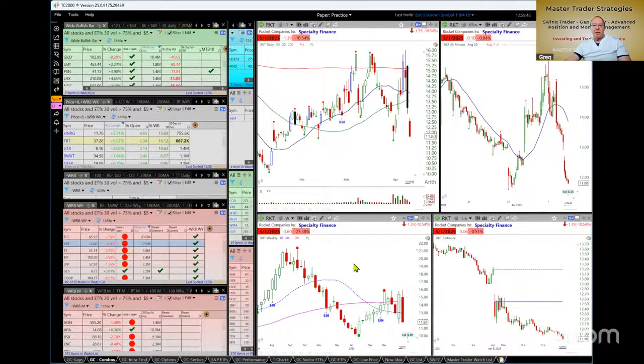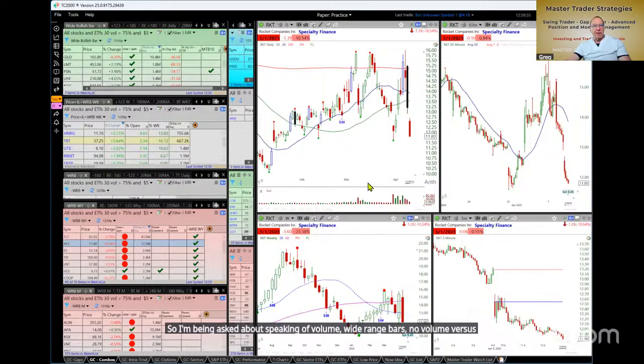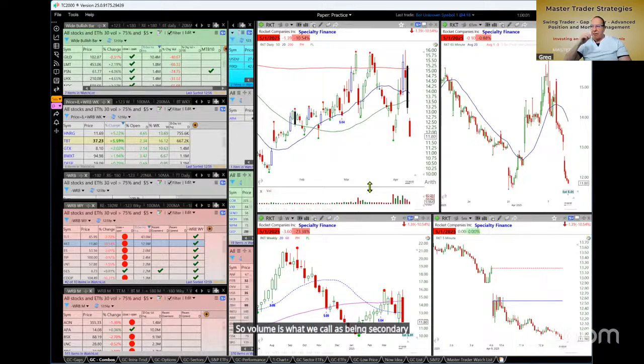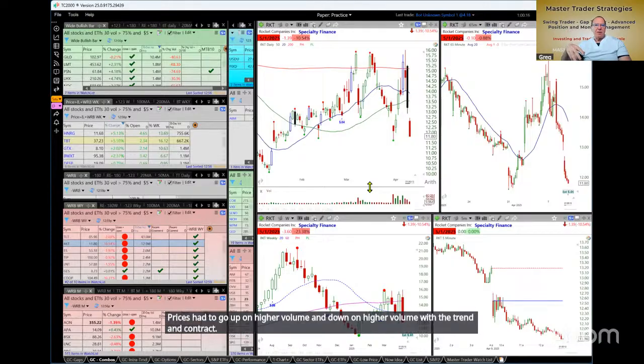So I'm being asked about, speaking of volume, wide range bars with no volume versus wide range with big volume. So volume is what we call secondary. Why is it secondary? Because for all the years that I've done this, and especially in the early years, it was about prices having to go up on higher volume and down on higher volume with the trend, and counter-trends on lower volume.